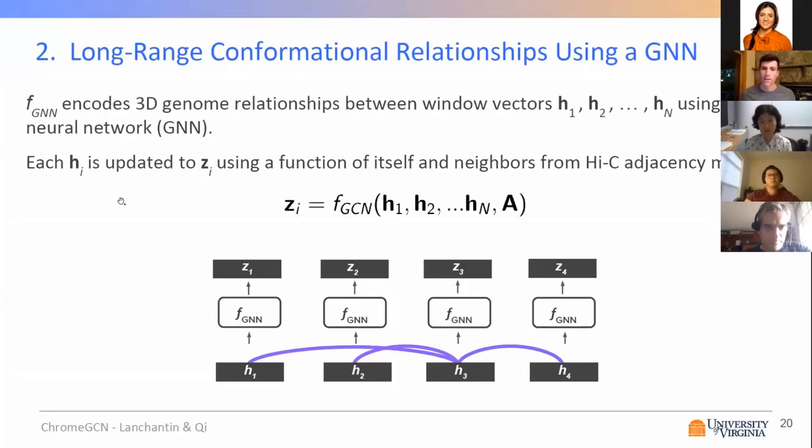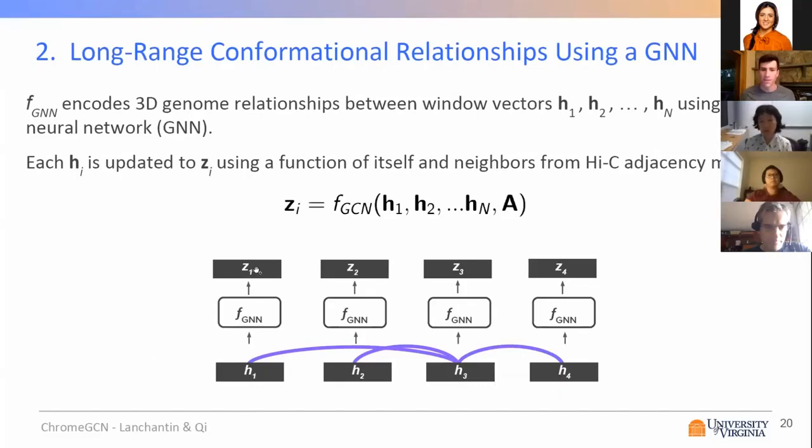So without going into the details of how this graph neural network works, each of these Hi vectors, which represent the sequence features for a particular window, is updated to a new representation that we call Zi using a function of itself and its neighbors indicated by the Hi-C adjacency matrix A. So now this output vector, Zi for each window, encodes both the sequence information and neighboring sequence information that we're using from the Hi-C data.